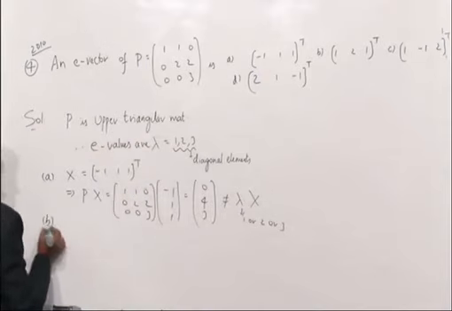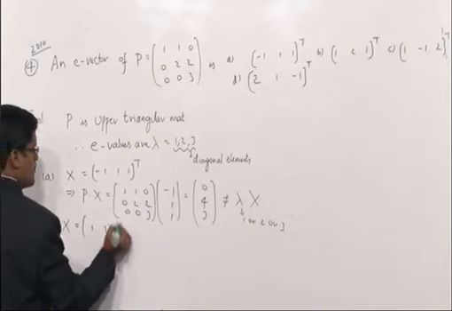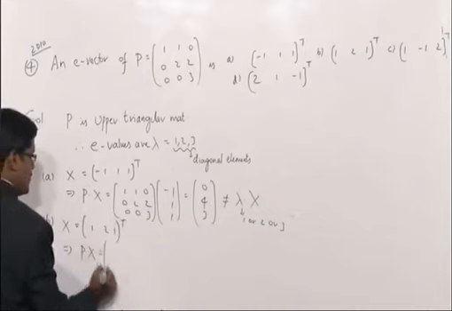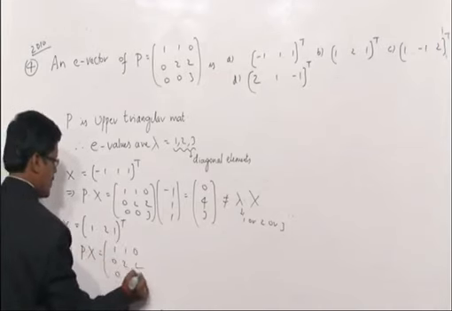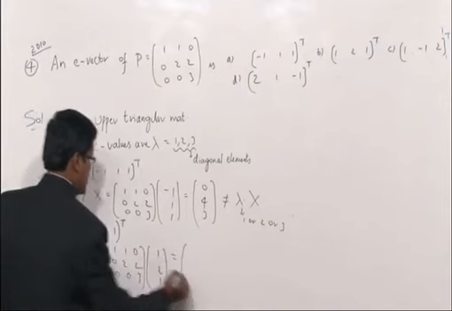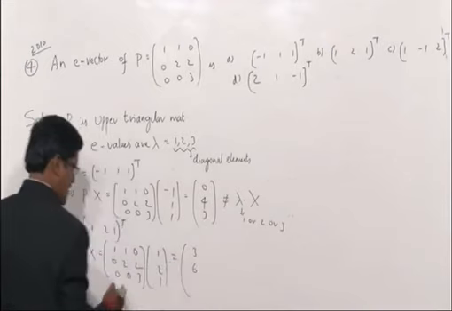Next, option B. X is equal to 1, 2, 1 transpose, which implies P into x. That means 1, 1, 0, 0, 2, 2, 0, 0, 3 into x, 1, 2, 1, multiplying and simplifying to 3, 6 and 3.